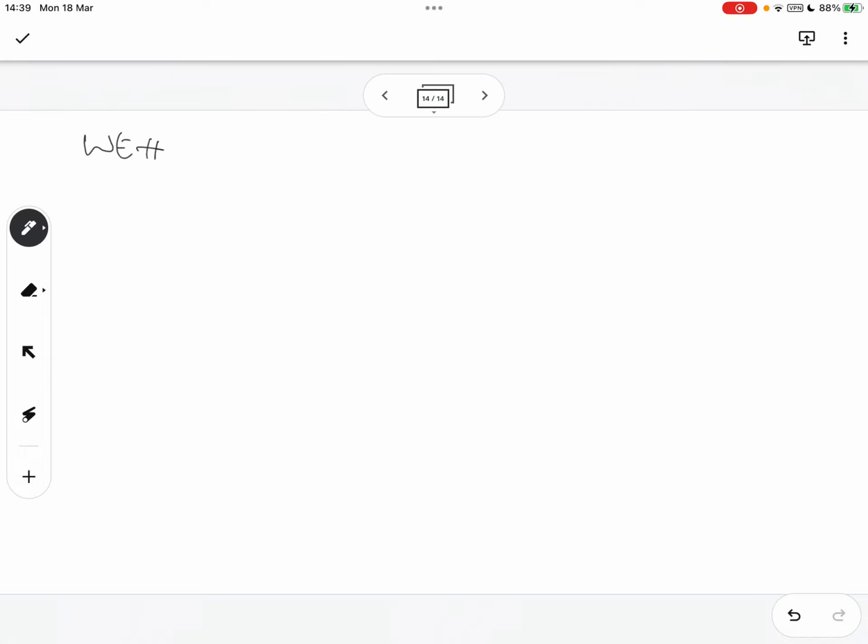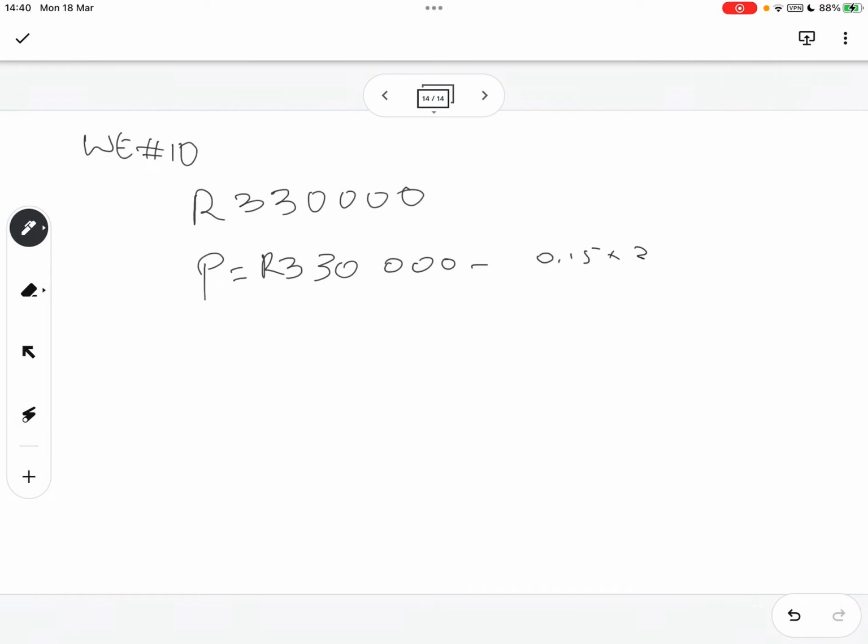Okay, cool. So in worked example 10, a school sells its old bus and uses the proceeds as a 15% deposit on the purchase of a new bus, which costs 330,000. So the bus costs 330,000, and after they sell the old bus, what they have to pay is 330,000 minus 0.15 times 330,000.